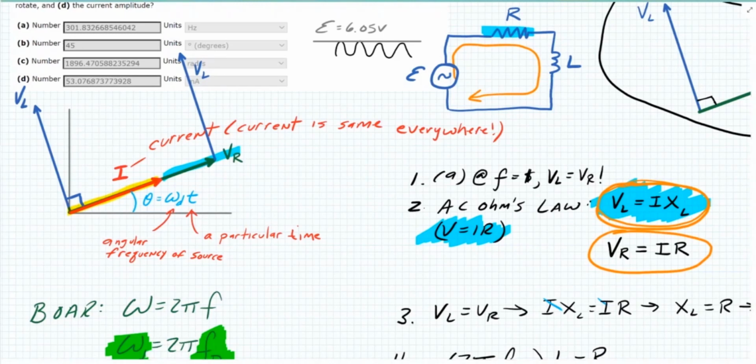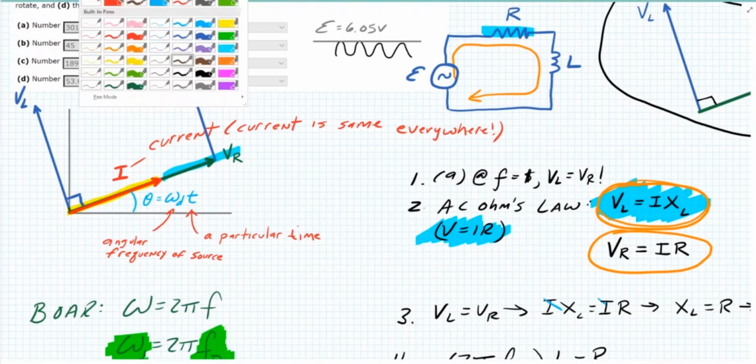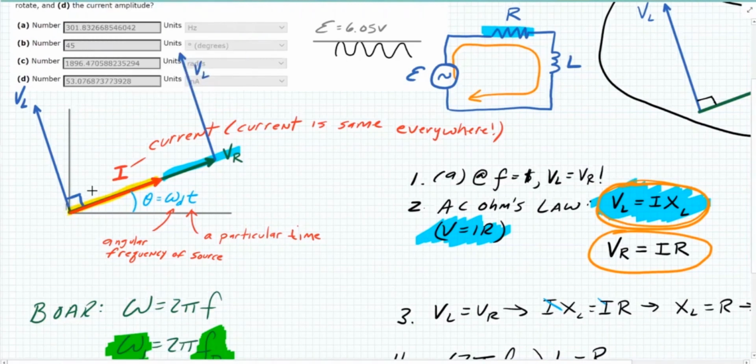So this is my EMF voltage at a particular time. What's a good color? Orange. Right here. All right, so first tail to last head. Okay, and this is EMF.